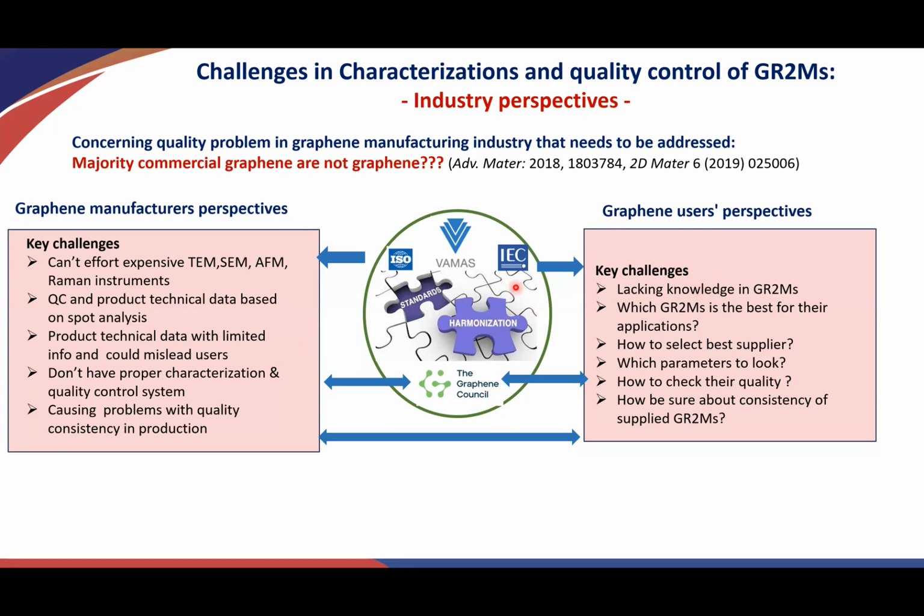Because of all these problems, it is very critical to have continuous development of quality standards, testing methods, and their harmonization. So it's very important to involve VAMAS, the Graphene Council, or similar programs to help bridge these gaps between the industry sides.